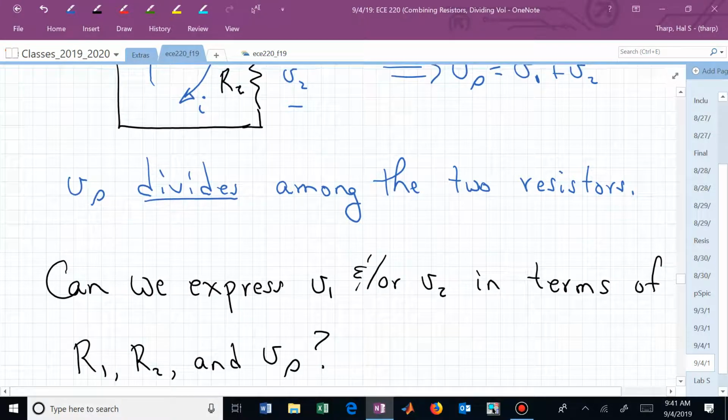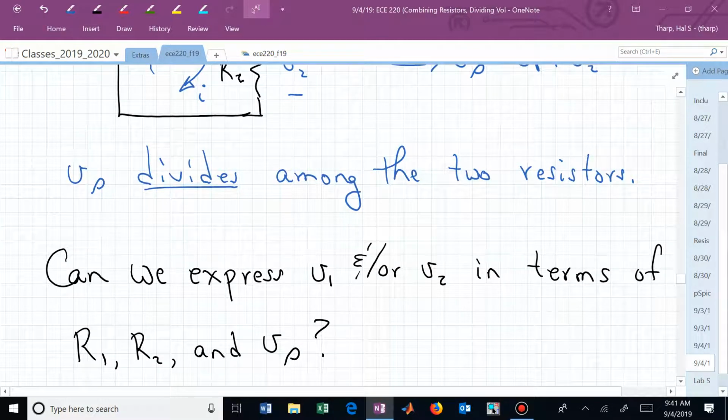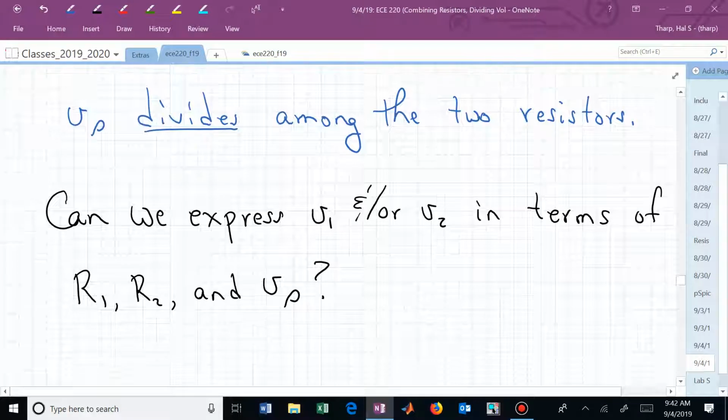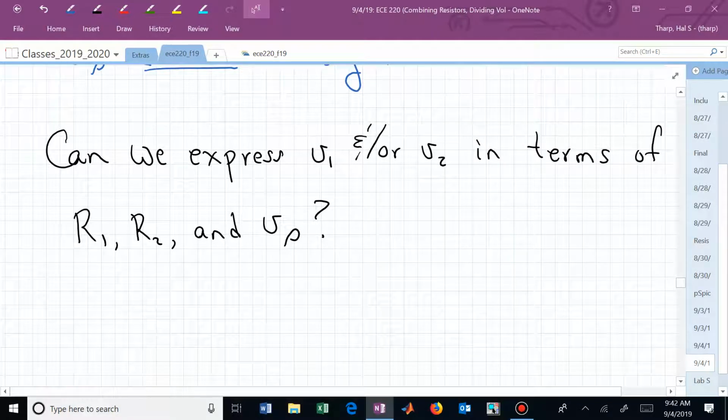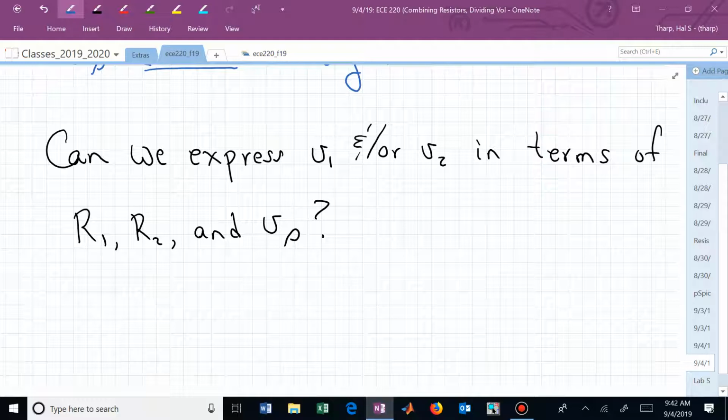Can we actually come up with an expression for V1 and or V2 in terms of R1, R2, and V sub s? In that simple configuration, can we now just write down what V1 is as a formula in terms of R1, R2, and V sub s? And if it doesn't immediately jump out at you, which it may not, we haven't yet learned it, let's derive it.